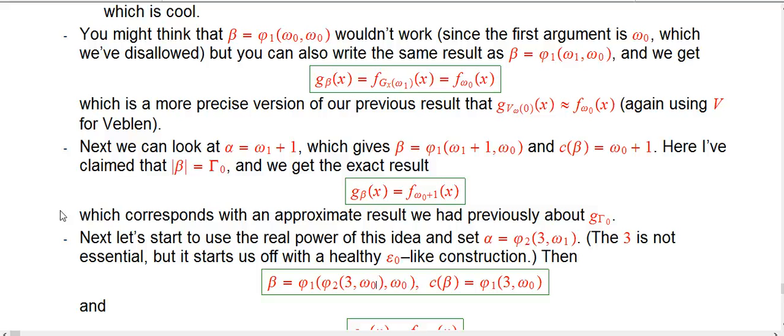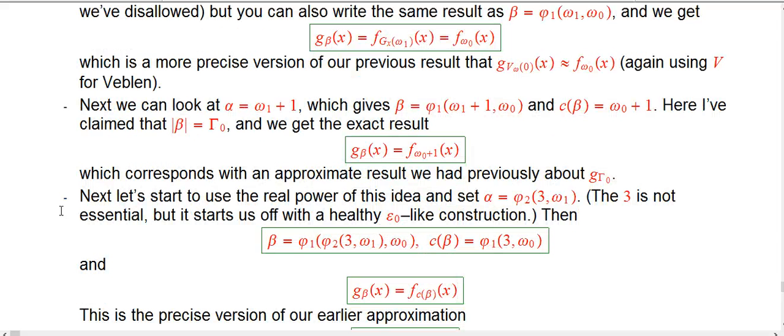This is an omega 1. Haha, that was wrong. The omega 1 gets demoted into omega naught. Again, because of our rules for which things are allowed, this doesn't depend on x. Even though the C function is defined in terms of g sub x, this just turns out to be independent of x, which is nice.